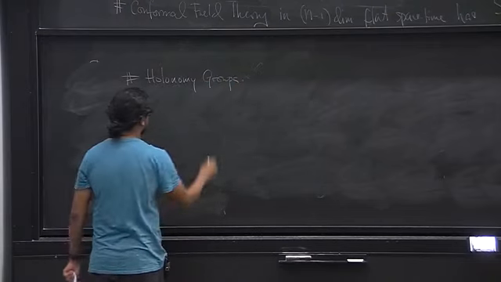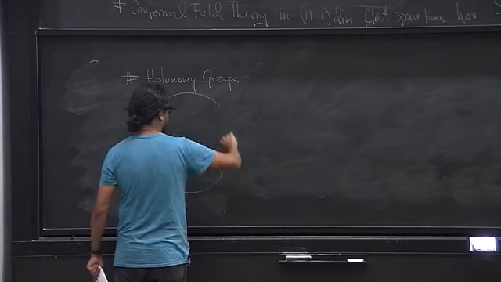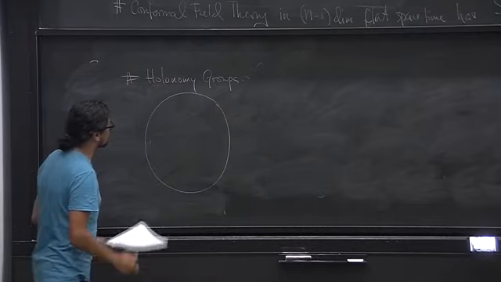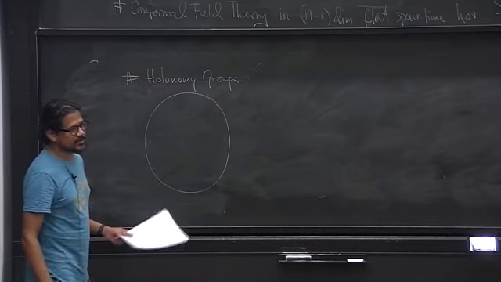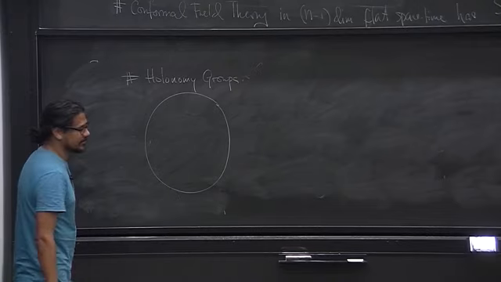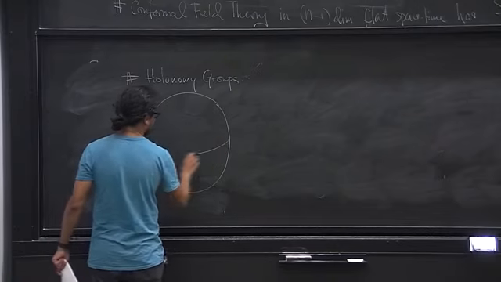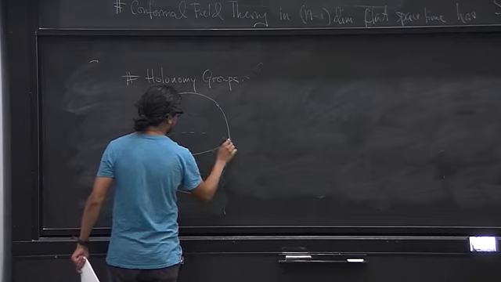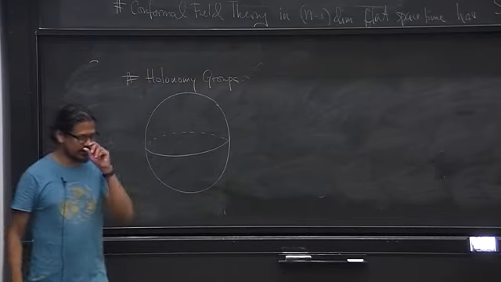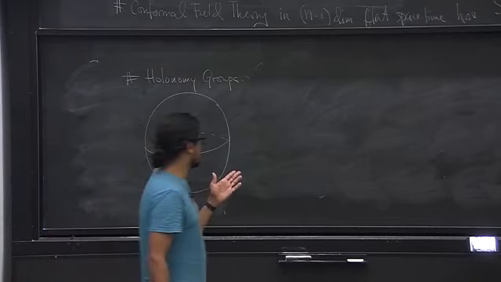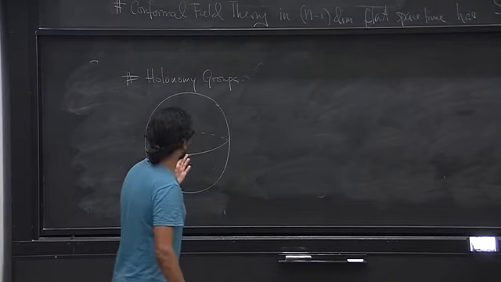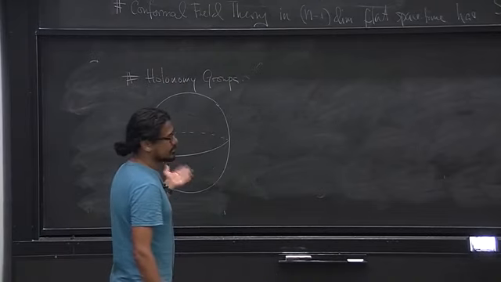So suppose you have some manifold, and for definiteness, let's take a sphere. Imagine it's a good sphere. As you know, on a curved manifold, vectors are not globally defined.